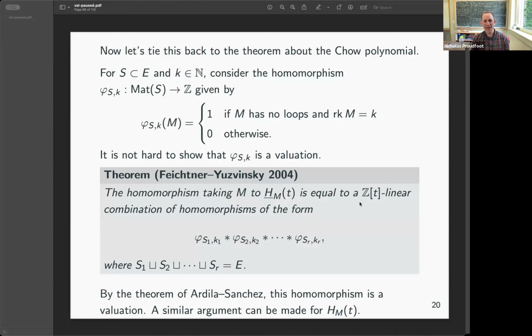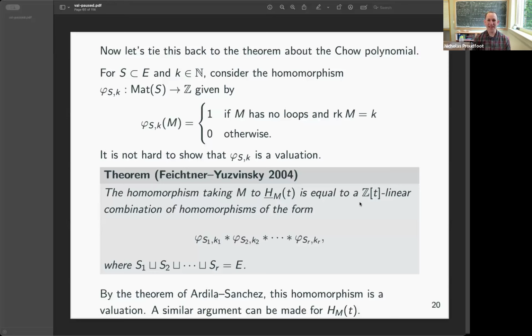So the theorem of Feichtner and Yuzvinsky says, well, they didn't state it this way, but they give a nice basis for the Chow ring. And you can use the basis to compute the Poincare polynomial of the Chow ring.